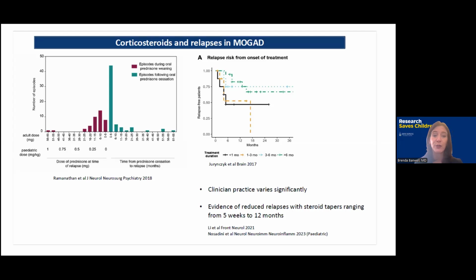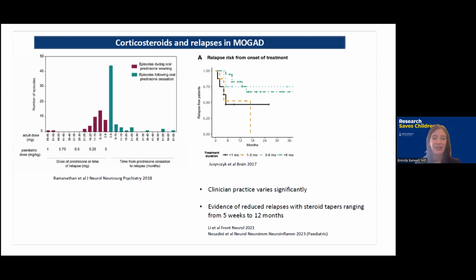For life-threatening cerebral edema in patients with MOGAD, which is a relatively rare presentation, using an interleukin-6 blocker such as tocilizumab can be life-saving. But then the debate is how much steroid to use. This is an active debate internationally.